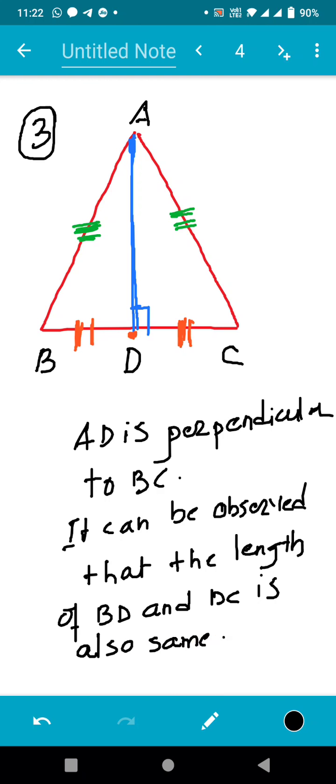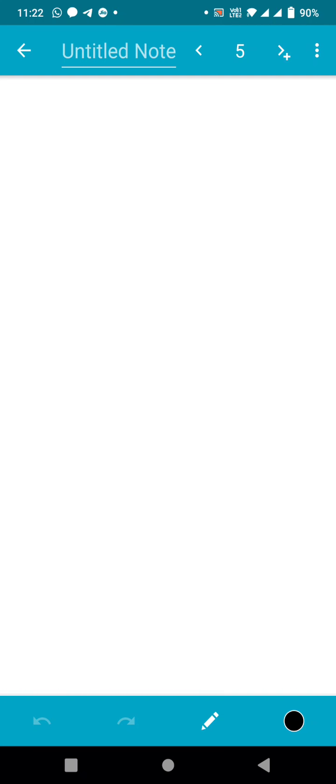So the last line, what we can say, therefore, we'll go to the next page. Therefore AD is also a median.